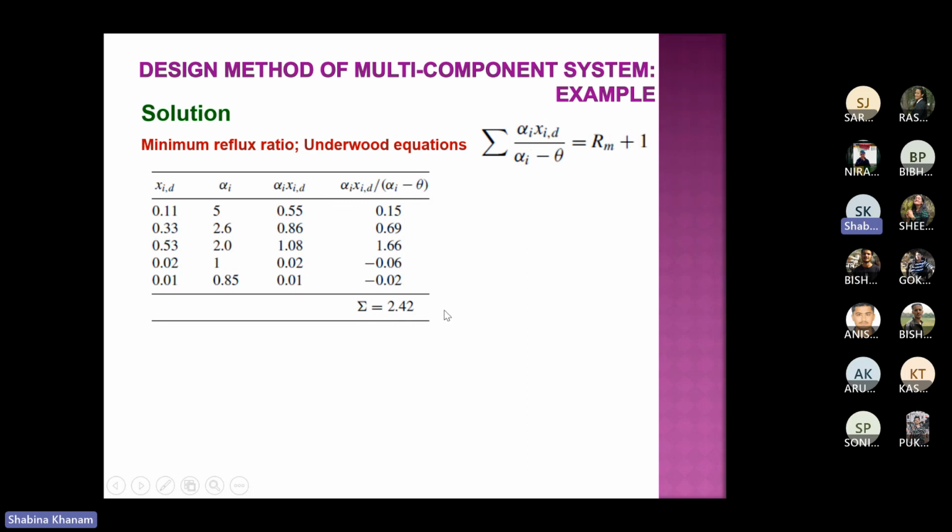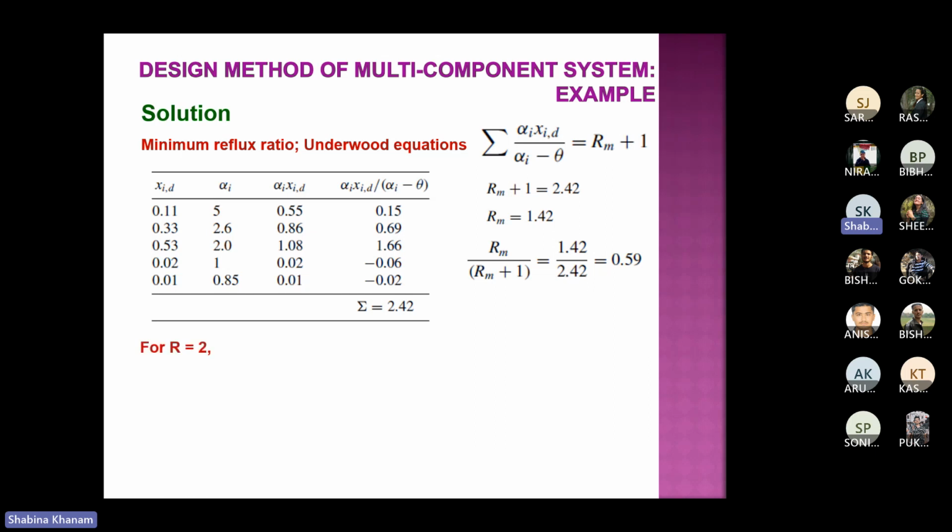so we can put the values in this expression and take the summation. That should be 2.42 and theta should be 1.35, that we have just discussed. So Rm plus 1 should be 2.42, Rm 1.42, and in the graph Rm by Rm plus 1 is given, so that should be around 0.6.